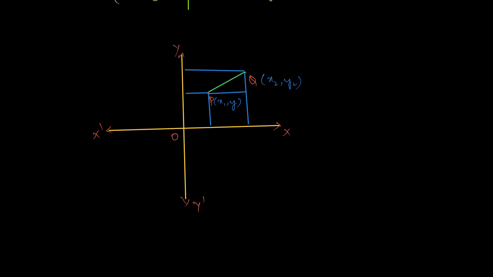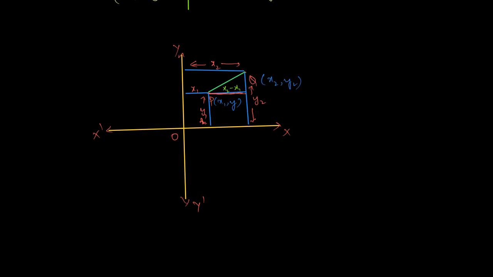Here this distance is nothing but x1. This vertical distance is y1. Similarly, this distance is x2 and this distance is y2. Now we need to find this horizontal distance, which will be nothing but x2 minus x1.